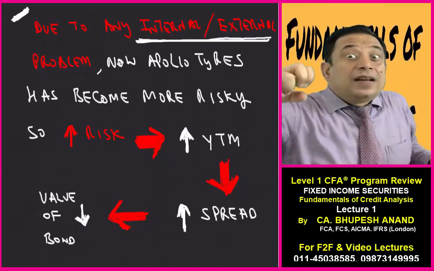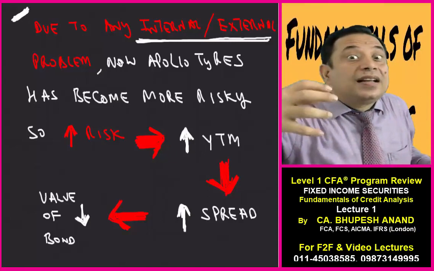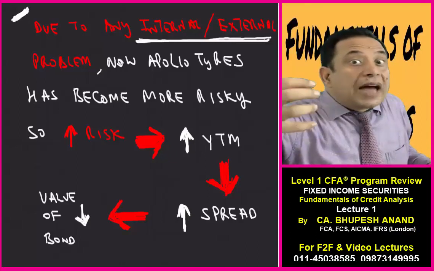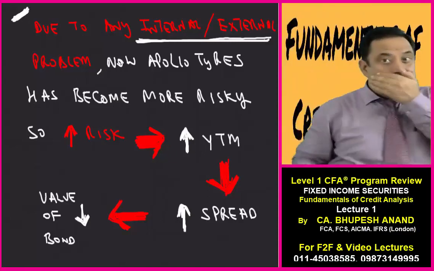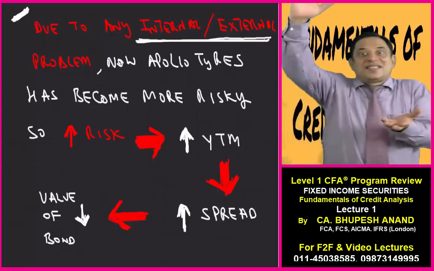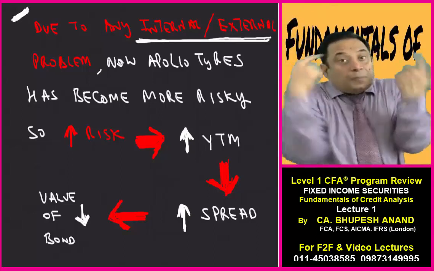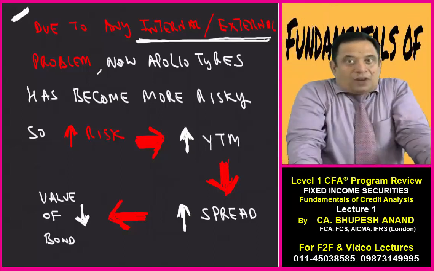It means it will increase the risk of investing in the bonds of Apollo Tires. When it increases the risk, YTM will increase, and when YTM increases, spread will increase, and when spread increases, the value of the bond will come down.